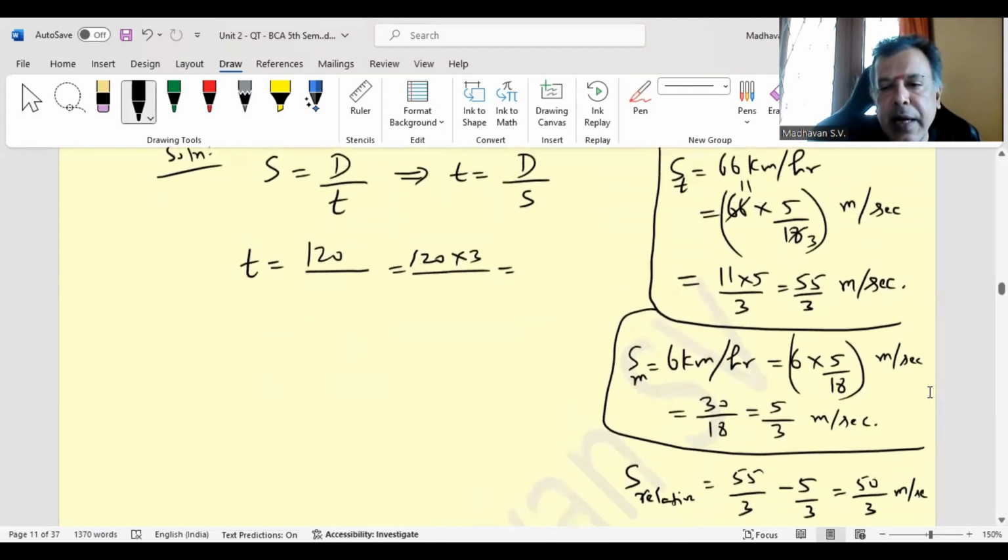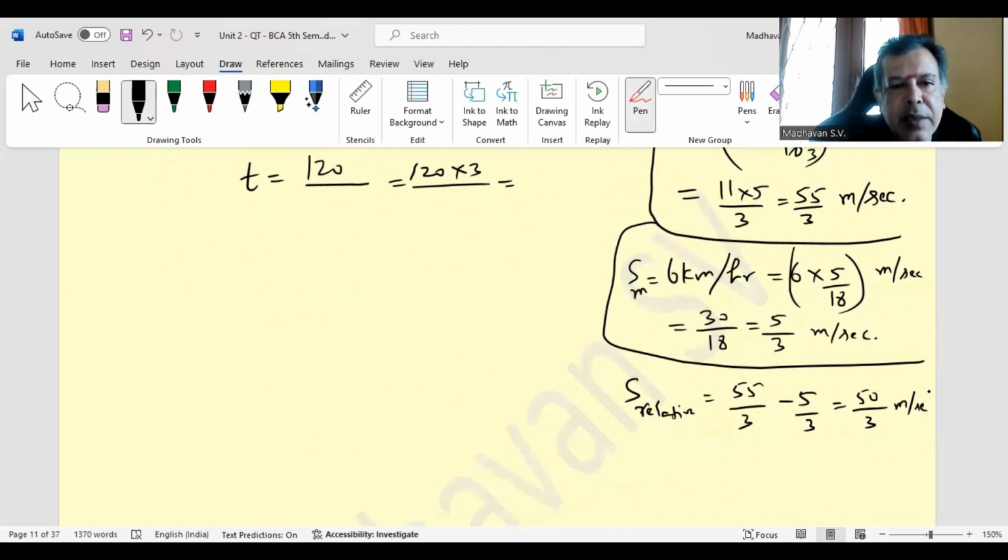So here, relative speed we calculated as 50 by 3. So here we will have 120 into 3 divided by 50. So if we calculate that, the 0 and 0 get cancelled, you get 36 by 5. 5 sevens are 35, 2 more. So 7.2 seconds will be the answer for this.